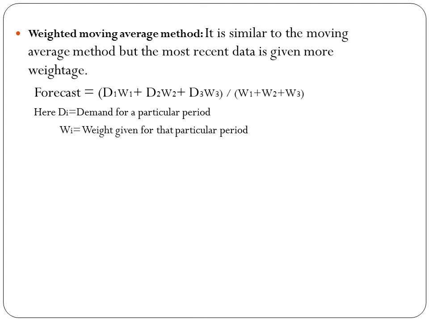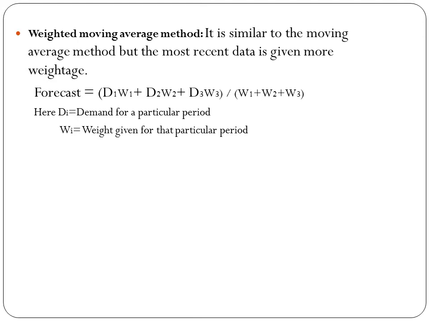It is directly proportional to how recent the demand is. I am not talking about the values of the demands. If D1 is May and D2 is April, then W1 would be greater than W2.